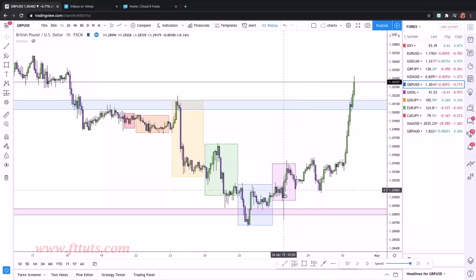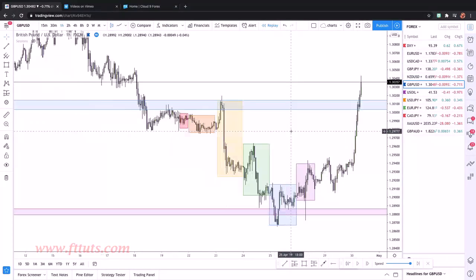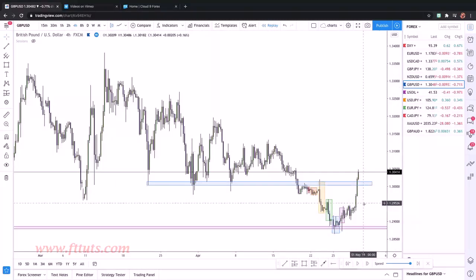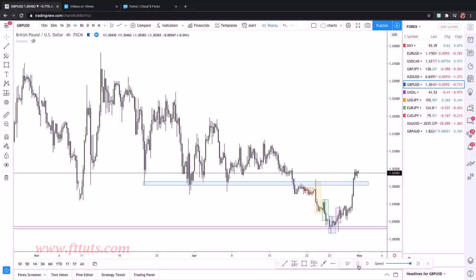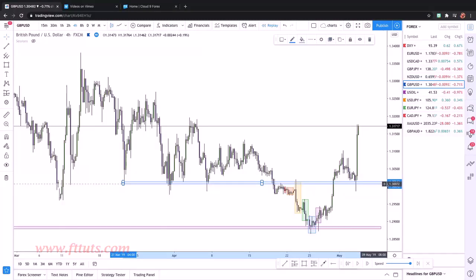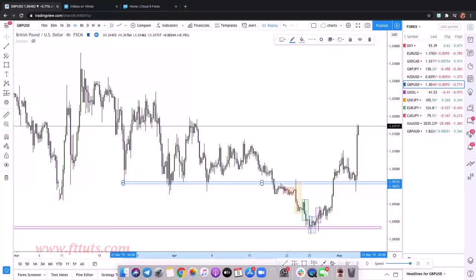What ended up happening here is price corrected at this level, then came up. This was our first target, and if we're looking at the 4-hour time frame, we can see this big correction. So our first take profit was here. Our second is up in this range. There's a lot of rejection in this area, so let's just see what happens. It comes down and tests structure, then closes with a pin bar rejection, saying, okay, it's still bullish.